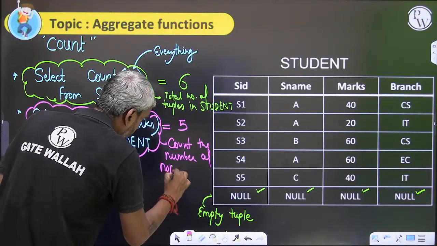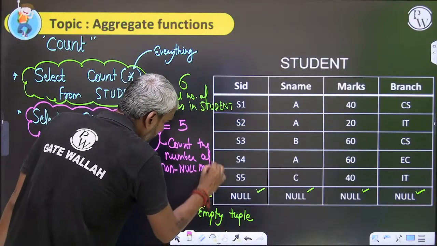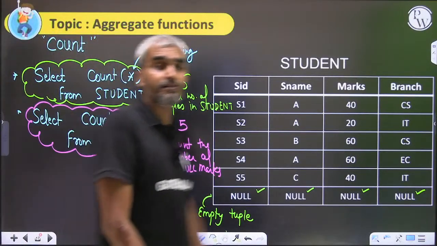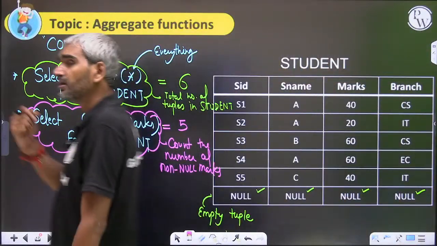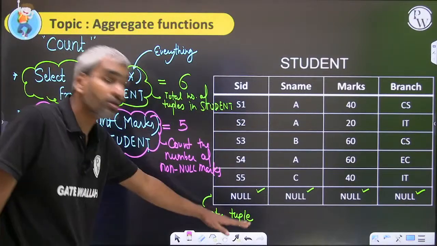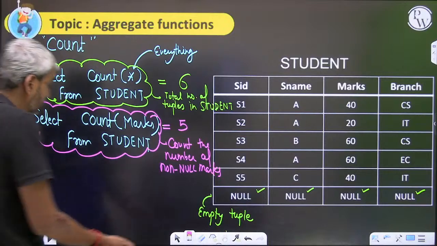So if you specify some attribute along with count, then it will not count the tuple with null value. But in the overall number of tuples, empty tuples will also be counted. Is that clear?